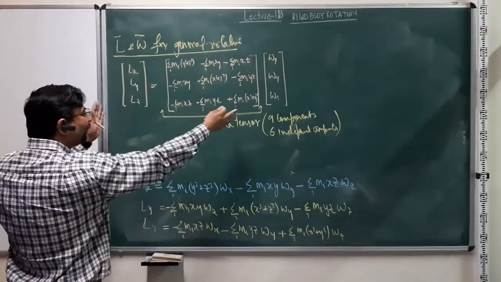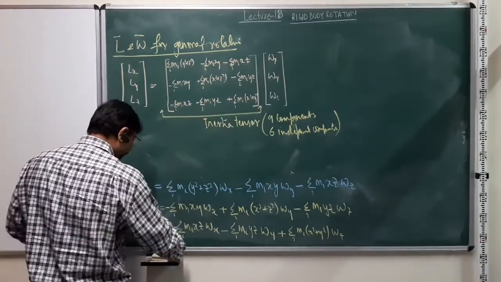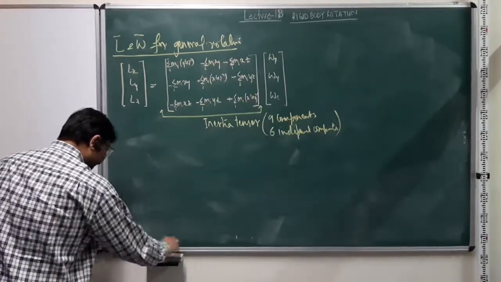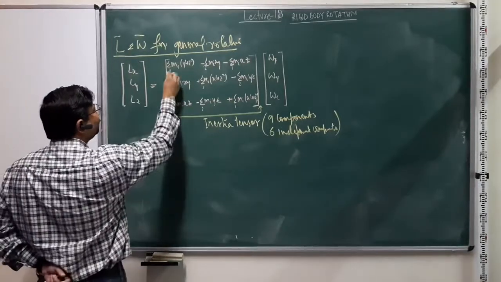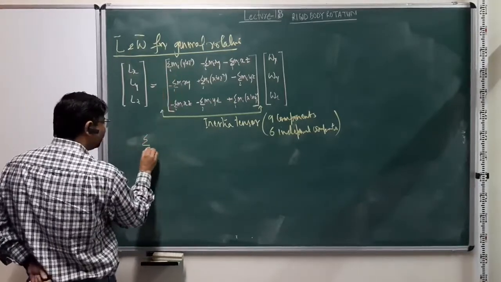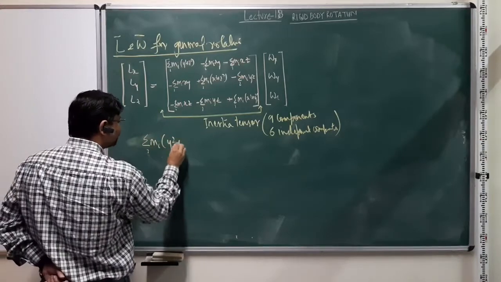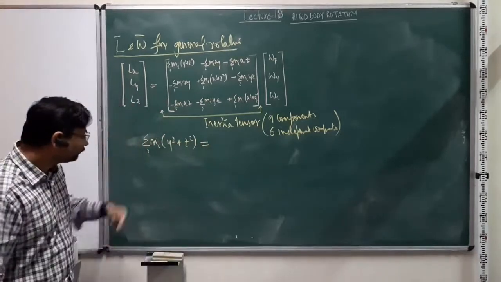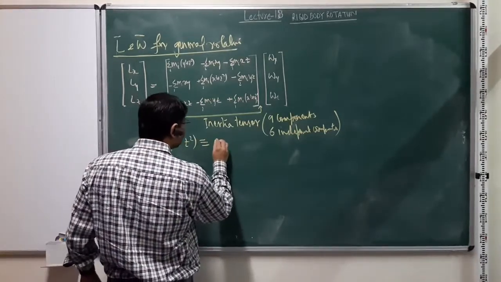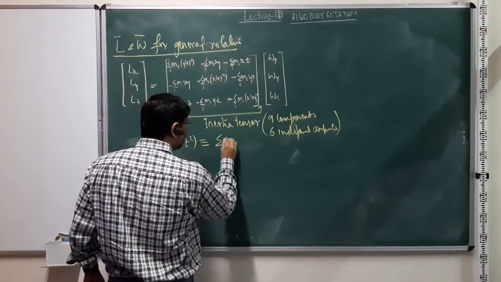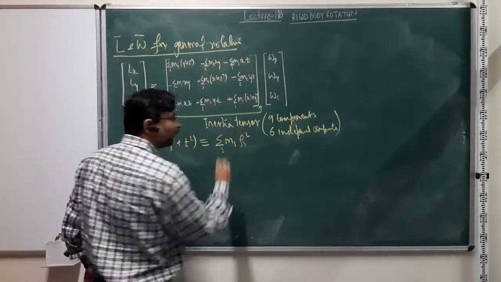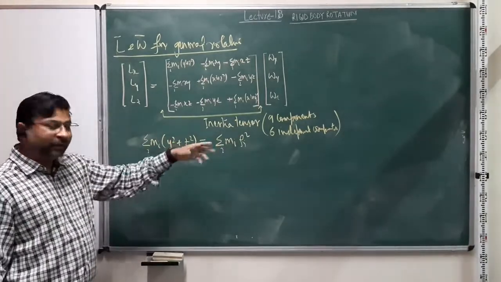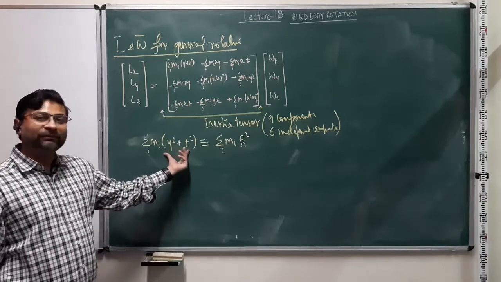And now if I want to write it down like this, I'll also identify that the first term, sum over i m_i (y square plus z square), is nothing but a term which could be written as sum over i m_i rho_i square, where rho_i is the perpendicular distance of the particle from the x-axis, which is the square root of y square plus z square.